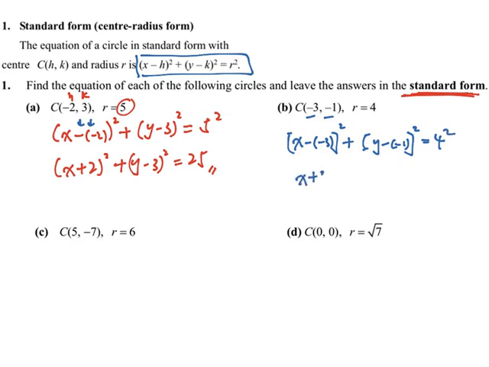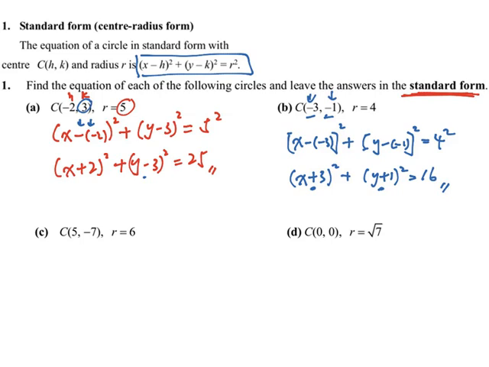So it becomes x plus 3, because negative becomes positive, and this one also, negative becomes positive, and 16. Now you can see, if this is negative, then it's positive, the opposite. Like this. And if it is positive, then it's negative.